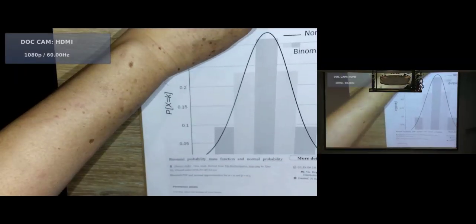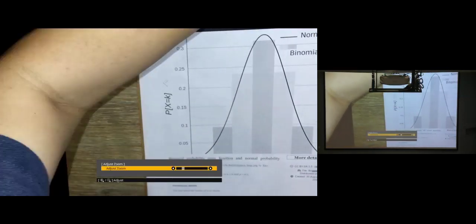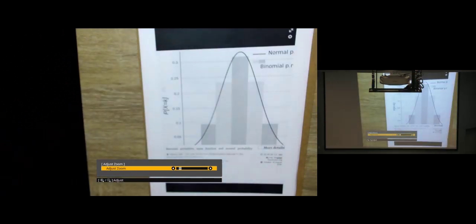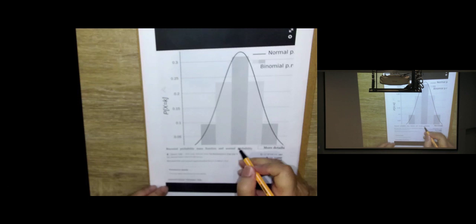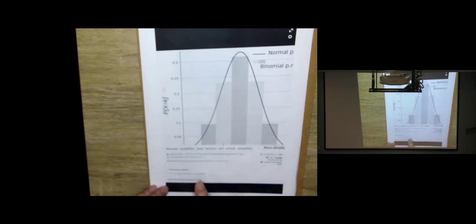Okay, this is from the internet, all right? Basically, this is the histogram, and the histogram comes from the binomial. So suppose this is 4.